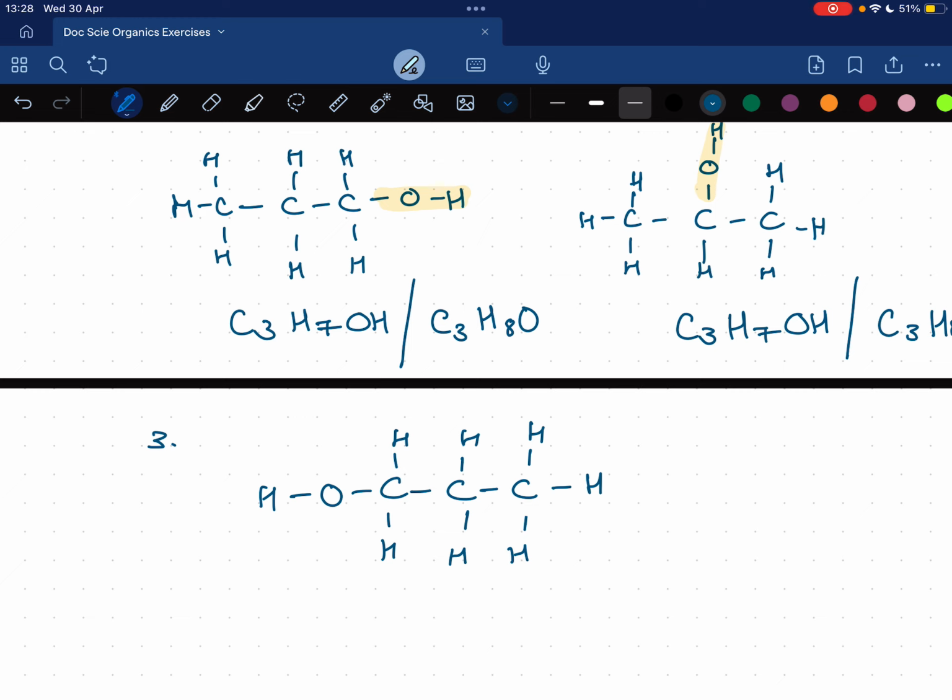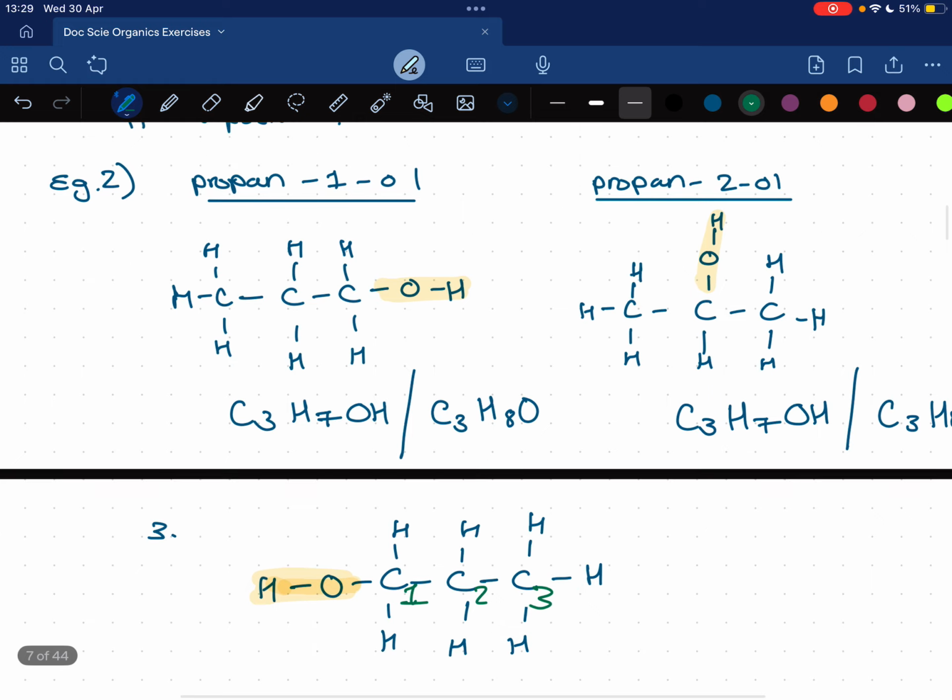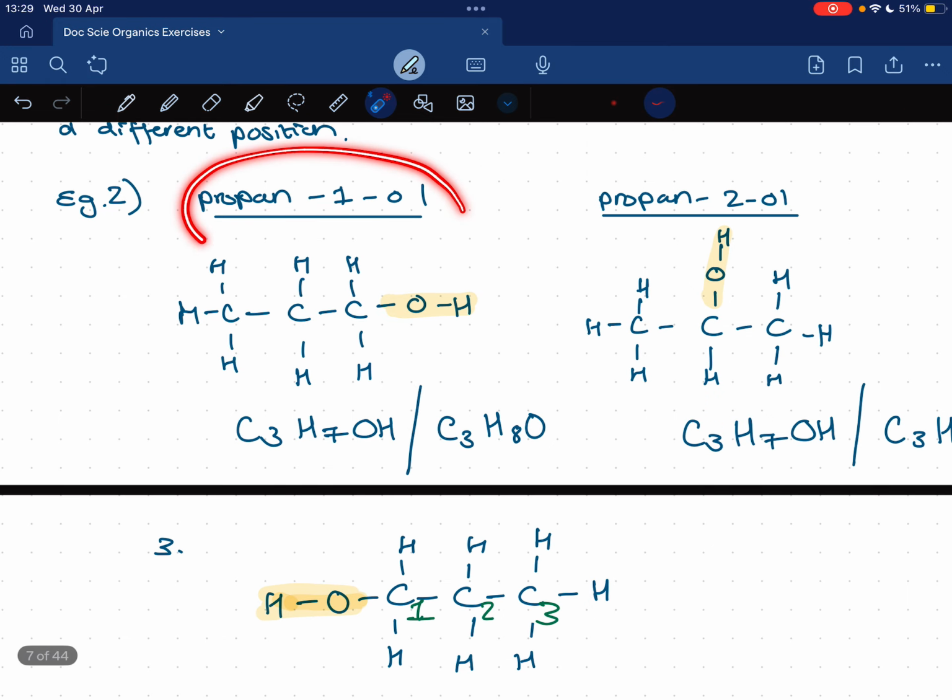So if you actually had a look, you would see, well, if the functional group is here, we always number closest to the functional group. So if the functional group is on this carbon here, then that one would by default become number 1, 2, and 3. So do you notice again we've just drawn propan-1-ol.